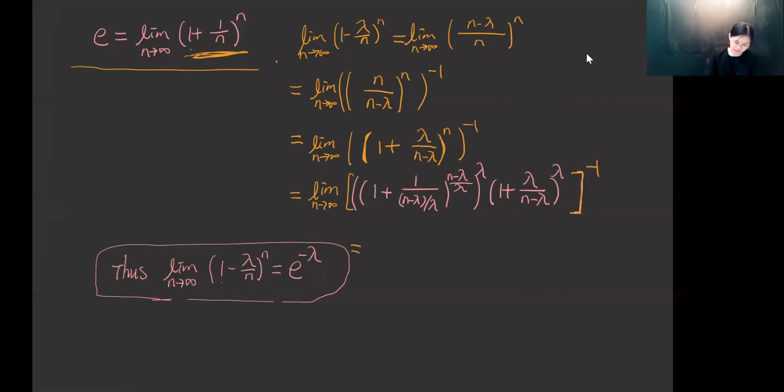So what we do next is to move this limit into these functions. Here the minus 1 doesn't depend on n, so we can move the limit into this inverse function. So that equals the limit as n approaches infinity. I will take the limit all the way into the power lambda function.